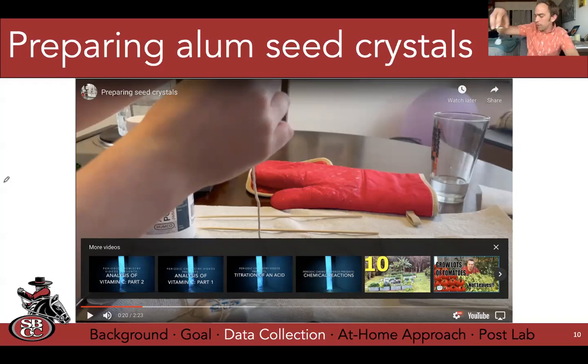So here I have some floss. This is the technique that I developed, what you're going to see now, which just takes a pencil or a pen, and then you tie your floss, your string, around the pencil, tie it once and you slide it off. Then you drop your seed crystal and you try to pull it tight around. So you create a little slip knot, then you drop your crystal in and you pull it tight.